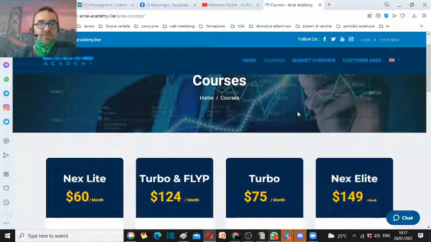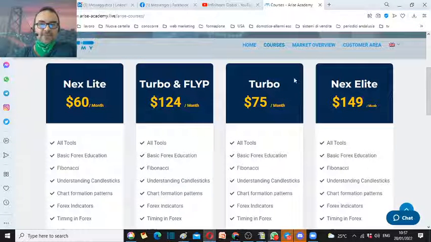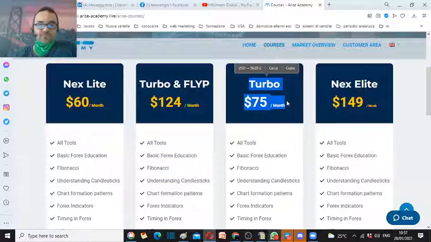To convert yourself into a CQ, you need this academy. The best way could be selecting Next Elite, but I understand that when you are starting your business, it's very good starting from Turbo.